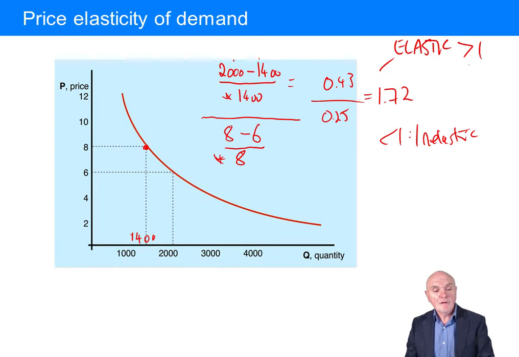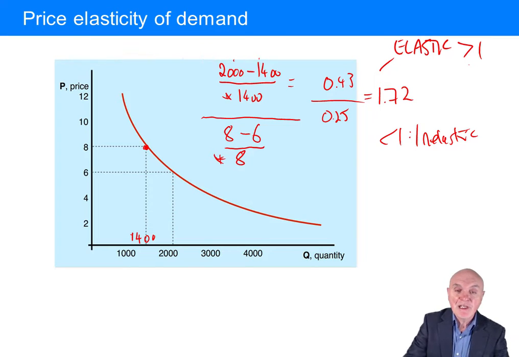Another way of doing it is what's known as the arc elasticity of demand, which looks at midpoints rather than the starting point. So we're doing the arc elasticity of demand. The proportional change in the volume is still the same. It's going to be 1400 down to 2000. This time I'll write it the other way around. I'm going to ignore the signs anyway.